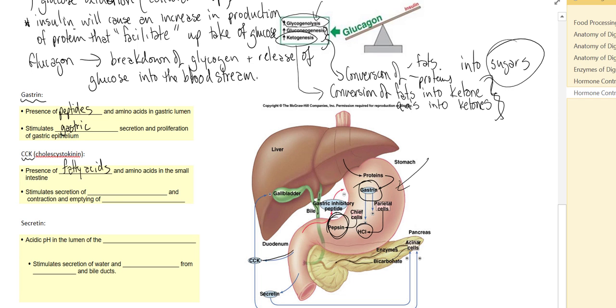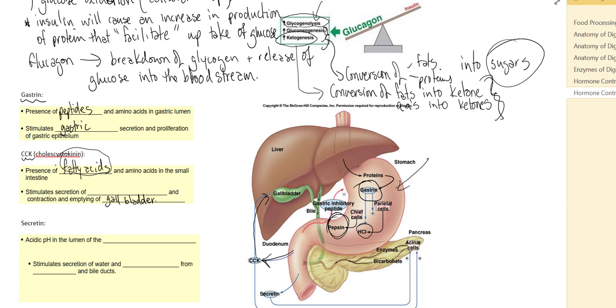So the small intestine releases the hormone CCK, and this has a double effect. One is it stimulates action and contraction of the gallbladder. So contraction and emptying of the gallbladder, and that makes sense if the gallbladder helps emulsify fats and helps with digestion. So it makes sense that the presence of fatty acids in the small intestine would stimulate the gallbladder to contract and release that bile to help with the emulsification of those fats.